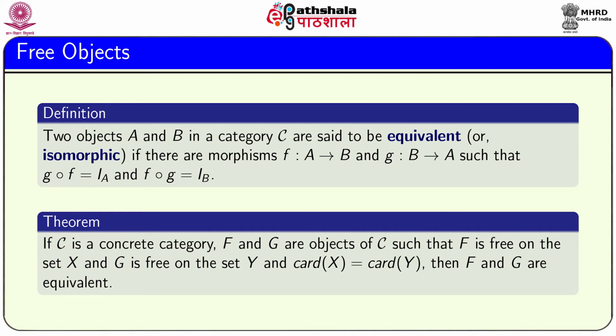With this information, we state a theorem which says that if C is a concrete category, F and G are objects of C such that F is free on the set X and G is free on the set Y, and also the cardinality of the set X is equal to the cardinality of the set Y, then we can conclude that F and G are equivalent as objects.